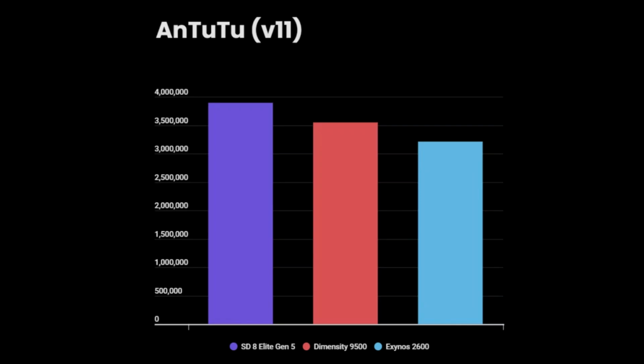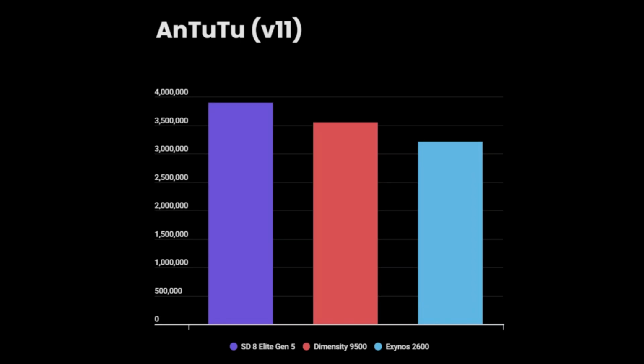More important is the breakdown of the total score, which offers clearer insights. It shows a stronger CPU for the Snapdragon 8 Elite Gen 5, which scored 1.16 million points, followed by the Exynos 2600, 1.06 million points, and the Dimensity 9500, 1.03 million points.